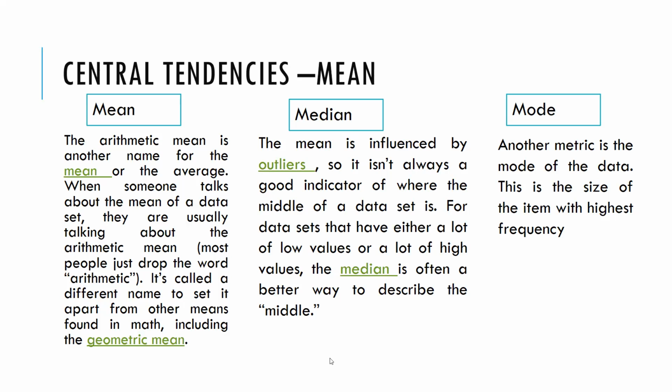For all the data in the world, two metrics give all the information. One, what is the central value, and two, how dispersed is the data. That means how much the data varies, what is the lowest value, what is the highest value, what are the mid values. So central tendencies are the mid values, right?